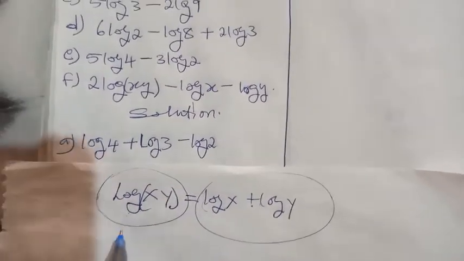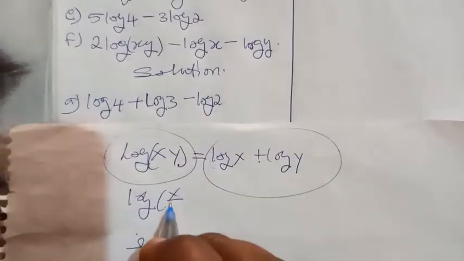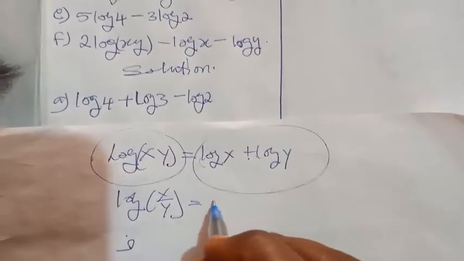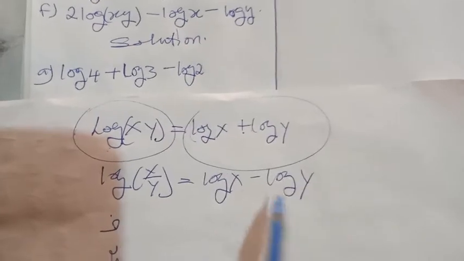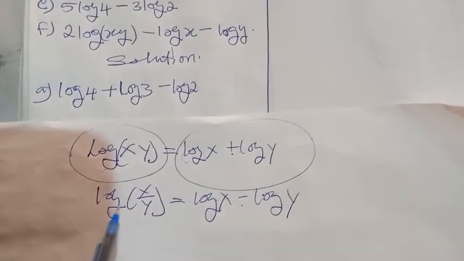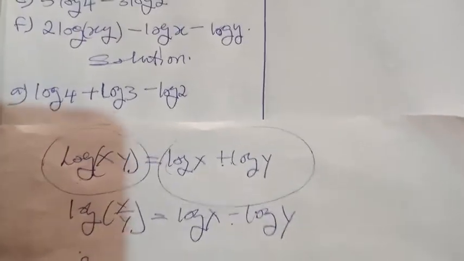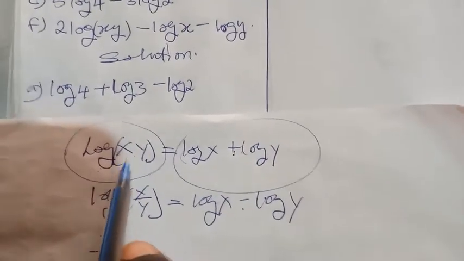The second law states that log x divided by y is the same thing as log x minus log y. You remember this. It means that if I have something like this, the subtraction implies that there is a division within the bracket, and the addition implies that there is multiplication. You are multiplying the numbers within the log. And that's it. So let's get back to this question.